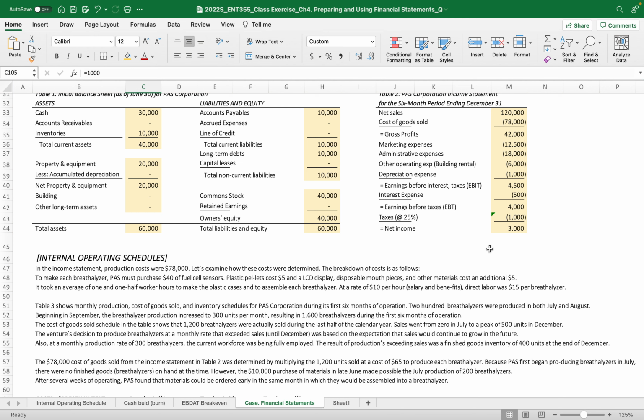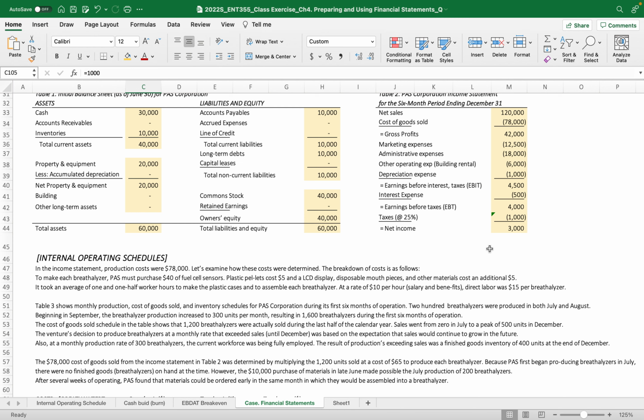For example, accounts receivable, accounts payable, accrued expenses, those are accrual information. That is not an actual cash transaction, but we create the net income from these transactions. Inventory purchases are not included in this net income, right? And then property, plant, and equipment also.